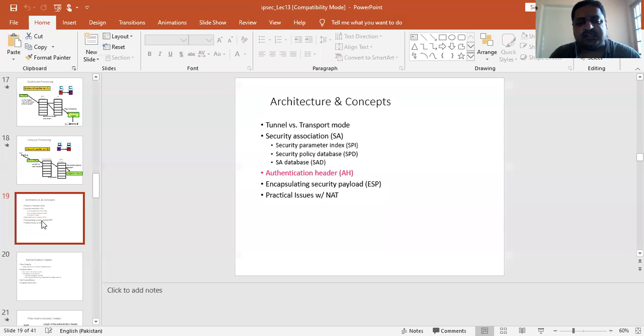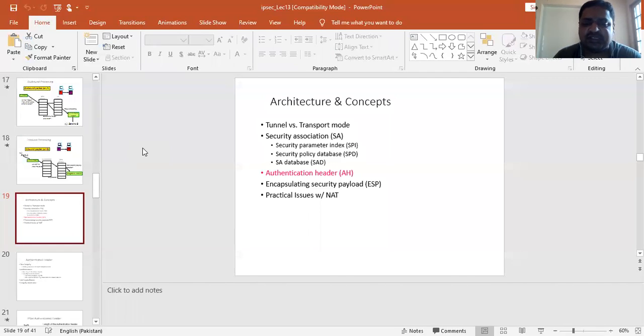So we are discussing different fields, for example the authentication header or encapsulation security payload header, which is attached to the packet. We discussed different topics like tunnel mode and transport mode, and the different databases involved to contain a list of the different policies for a particular packet.